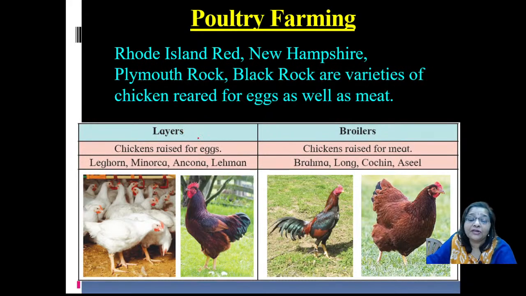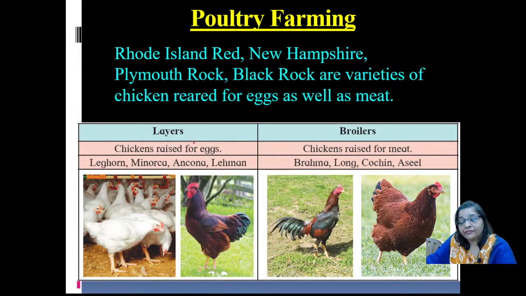Now, layer birds are the chickens which are raised for eggs only in the poultry, for example the Leghorn, the Minorca, the Ancona, and the Layman. All these four types are generally raised for their eggs, whereas broilers are chickens raised for meat.